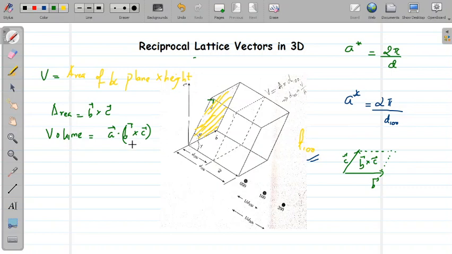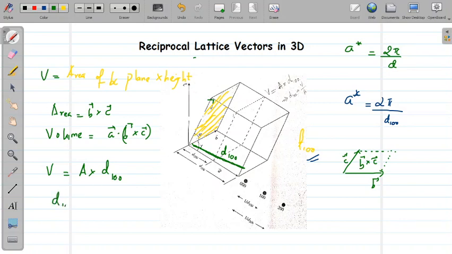Now we have the area and volume in terms of the vectors. So volume equals area into height, which is d100 in this case. The perpendicular distance between these two planes is the interplanar spacing d. Since these planes are 100 planes, let us call that d100.